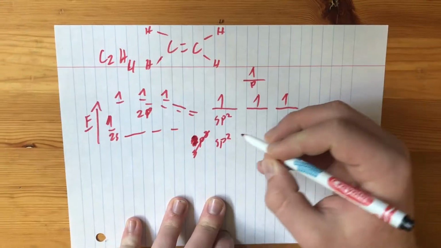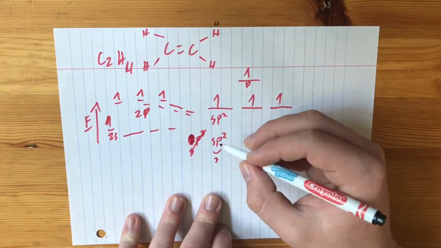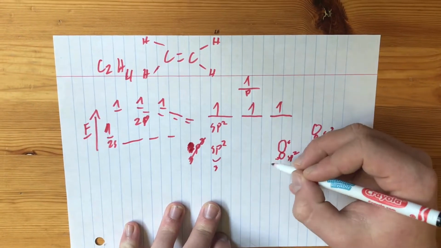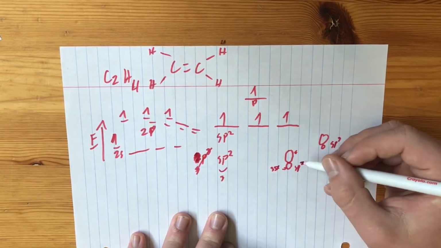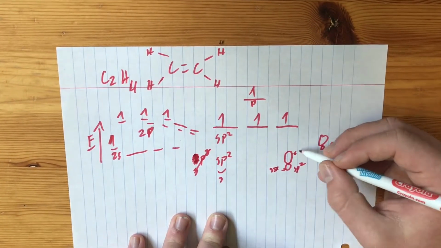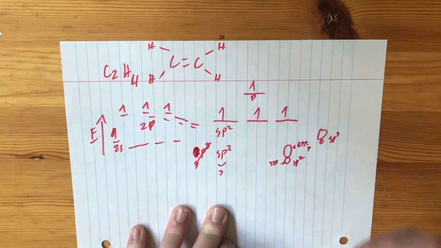And since there are only 3 total orbitals, there's going to be 33% s orbital shape in there, and then 67% p orbital shape. So I'm going to need more space for this one.